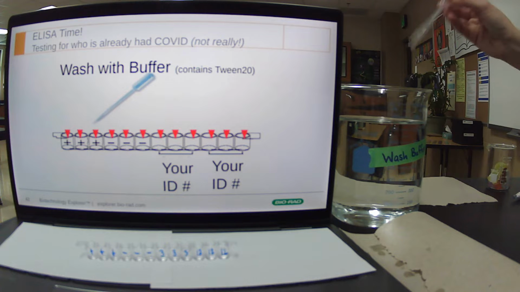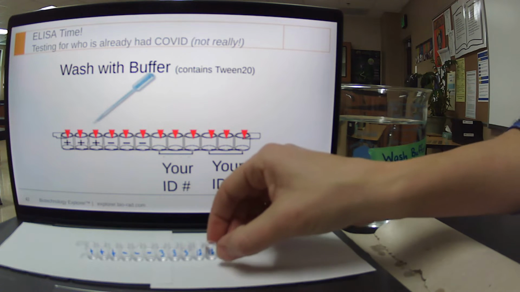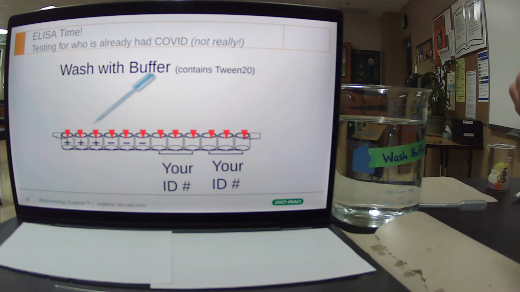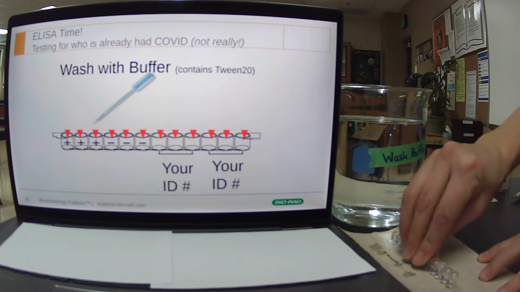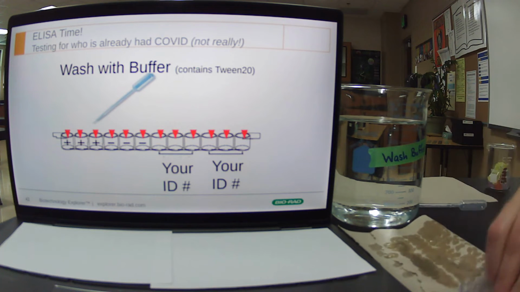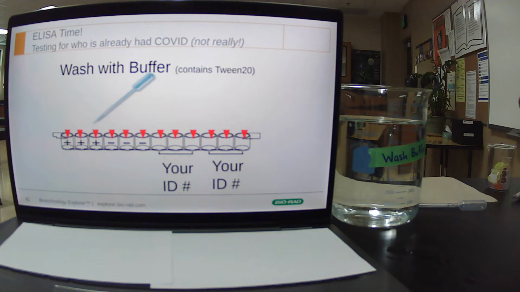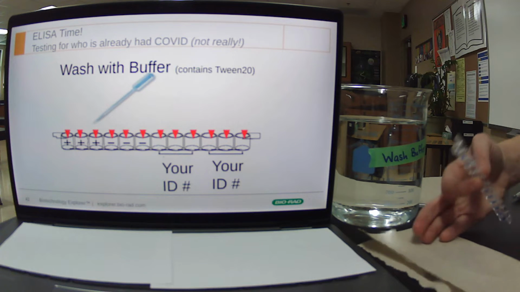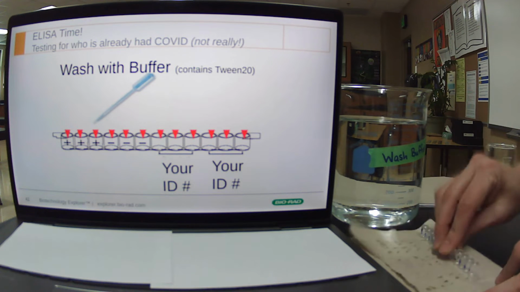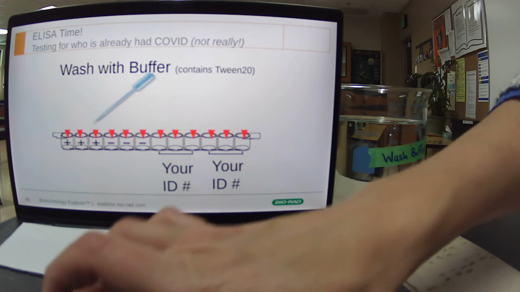So we wash that all out. And then we are going to dump that onto the paper towel and tap it out again. This is a clean side of my paper towel. And you will see me swapping these paper towels out a bunch as we go through and do this today. Again, to prevent cross-contamination as much as possible.